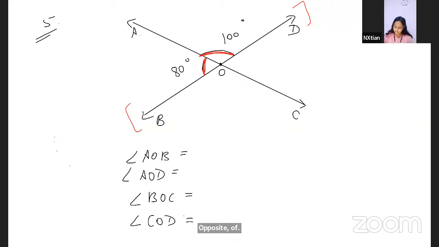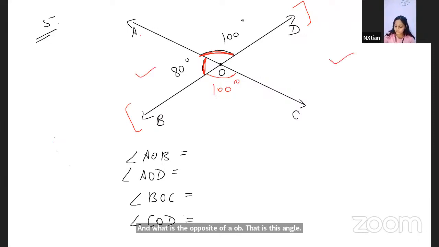Its opposite is BOC, that is this angle. So it will be 100 degrees. And what is the opposite of AOD? That is this angle, COD. So this angle will be 80 degrees.